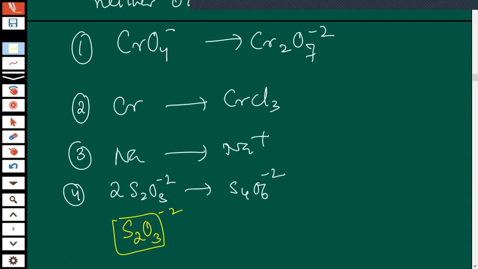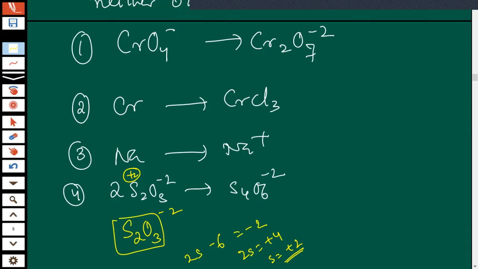Oxygen 3 times minus 2 is minus 6. Two sulfurs are there, so how much will each become? Each sulfur is in plus 2 form, right?